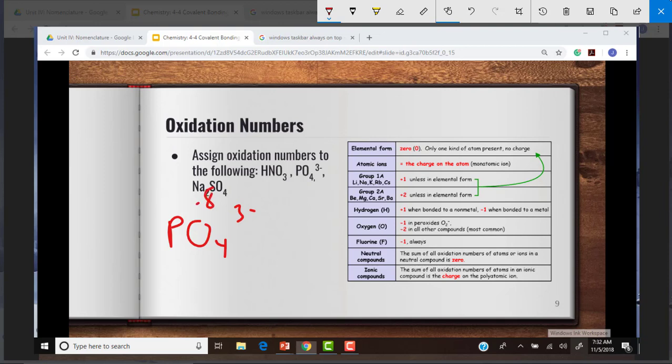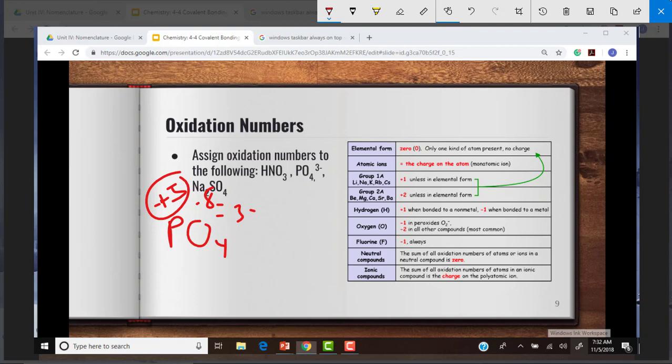Now here we have a charge that's assigned to it, so the sum of all of our oxidation numbers is not going to equal 0. It's going to equal -3. So what plus -8 equals -3? Well, hopefully you said a +5. Okay, and that's going to be our oxidation number for phosphorus. So again, follow the rules, have no problems whatsoever.